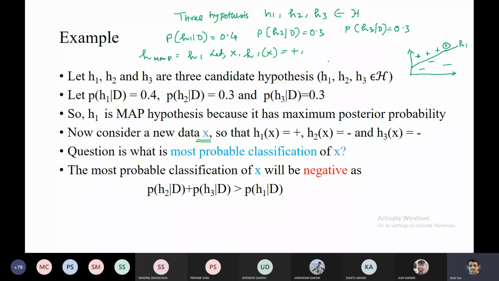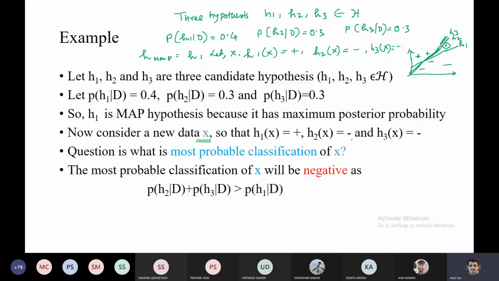Now h2 is something like this. h2x is minus. And again, h3 is something like that. This is h3. h3x is again minus. So now you see h1 plus, h2 minus, h3 minus.